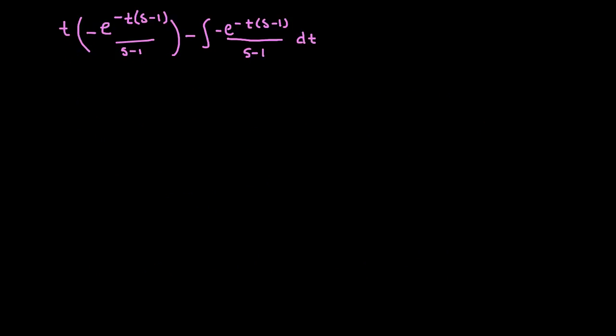Alright, and as I was saying, I'm just going to simplify both terms here. So this left-sided term is going to simplify to negative t times e to the negative t times s minus 1 all over s minus 1.